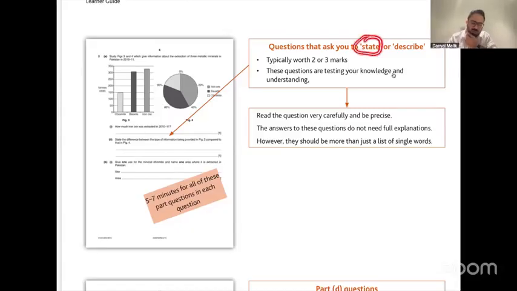Whenever you have a state question or a describe question, you are required to give short answers. Now, these questions are basically testing your knowledge and your understanding. That's it.